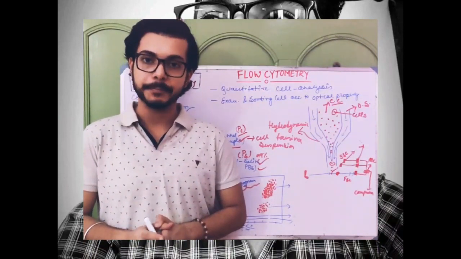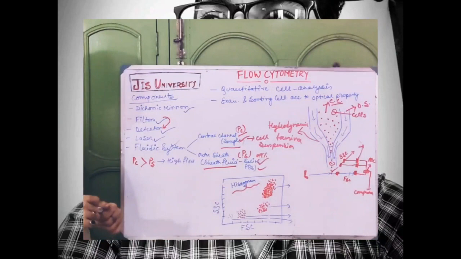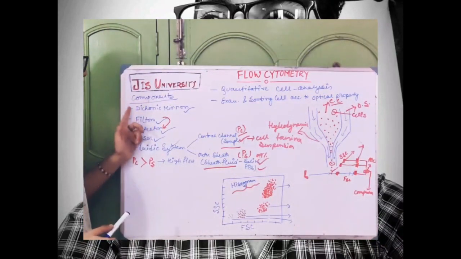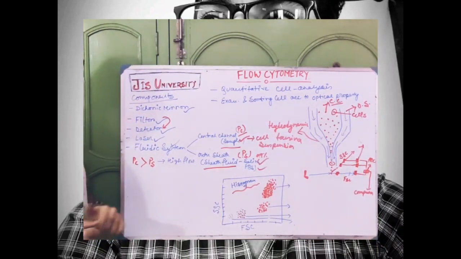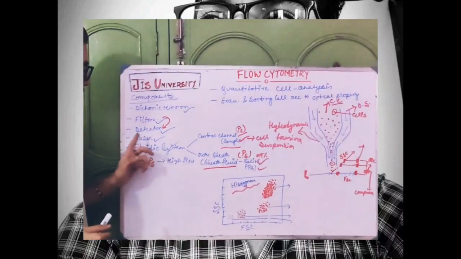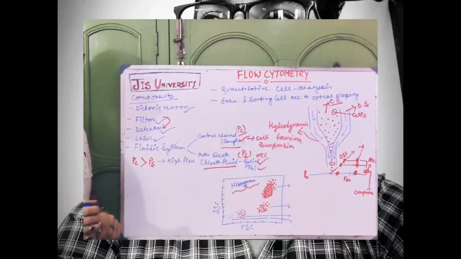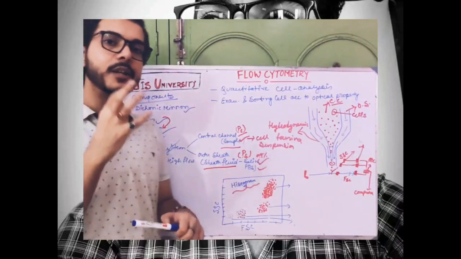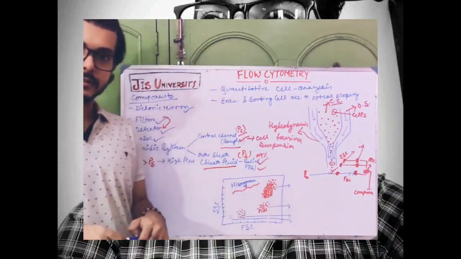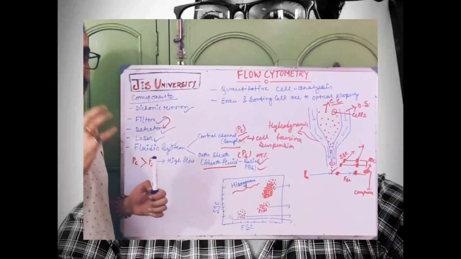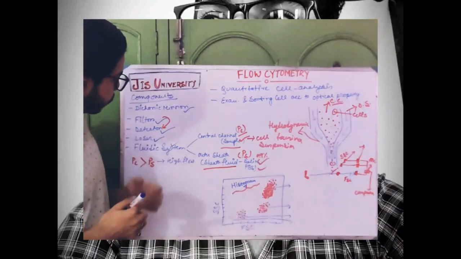If we talk about components, there is a dichroic mirror, filter, detector, laser, and fluidic system. The dichroic mirror is basically used to collect the scattered light and send it to the detectors according to their color.